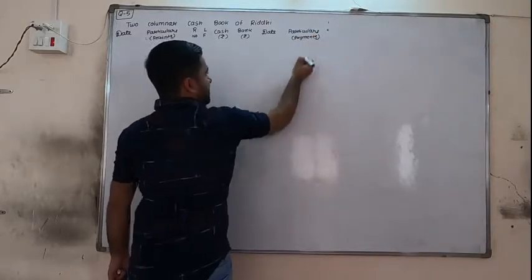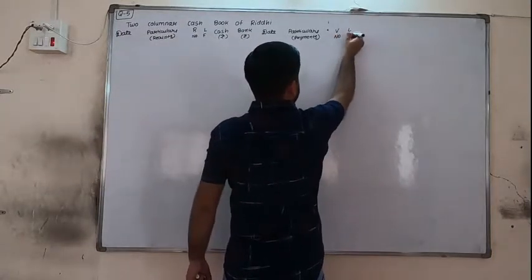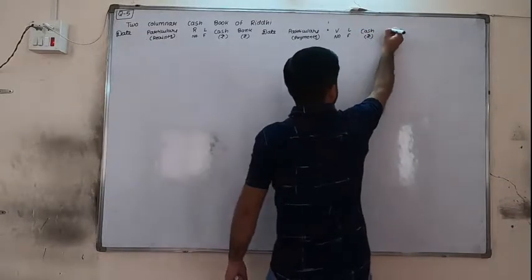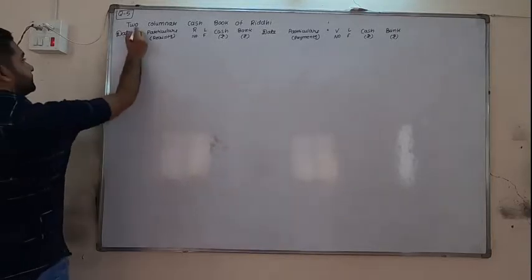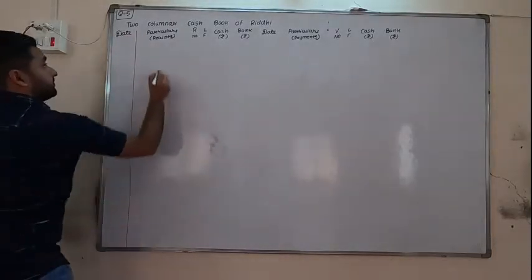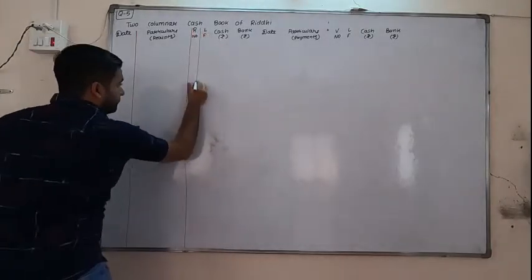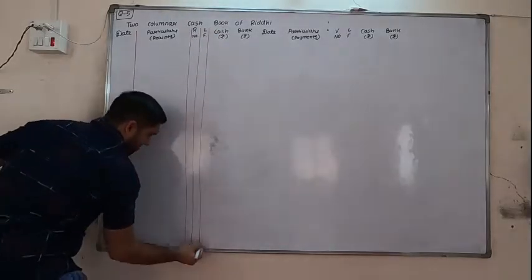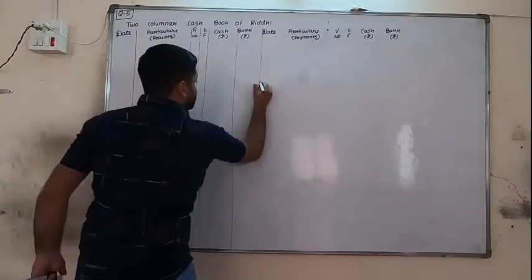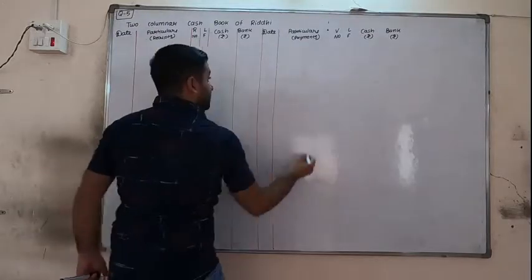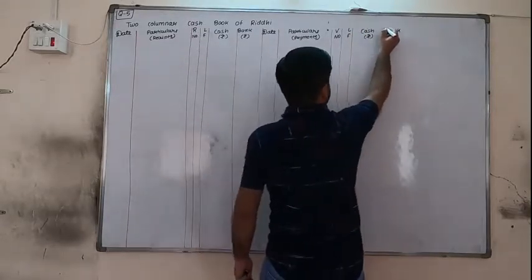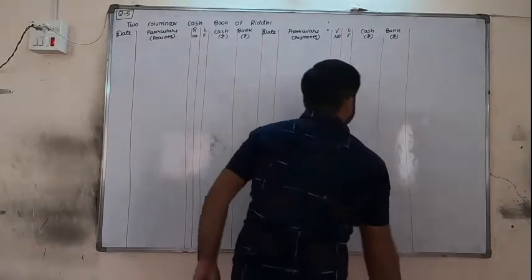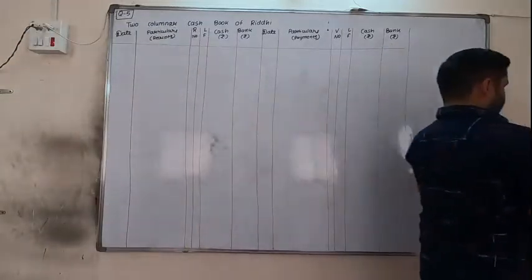Here particulars are payments, voucher number, LF, cash rupees, bank rupees. Credit, debit.